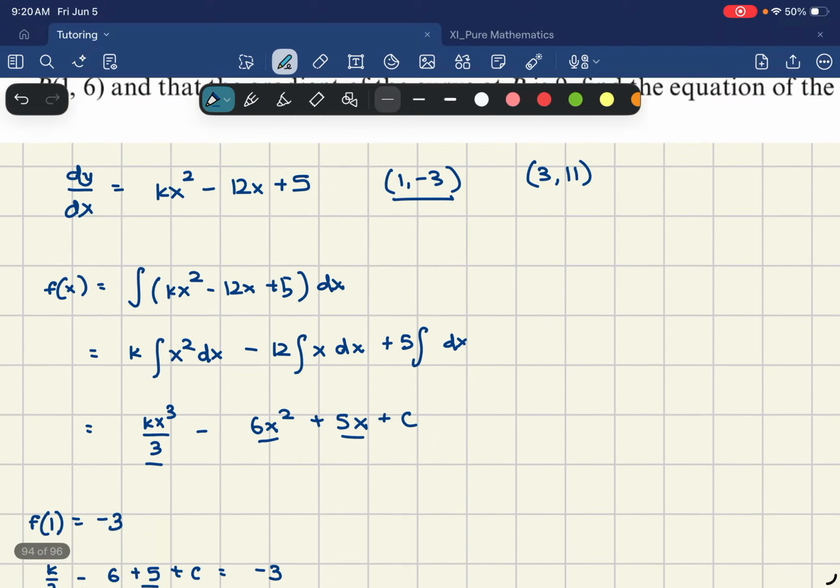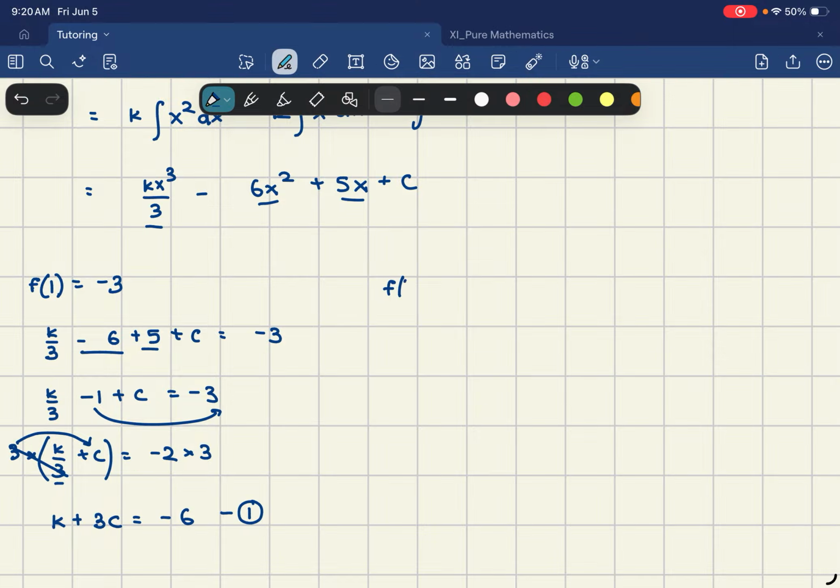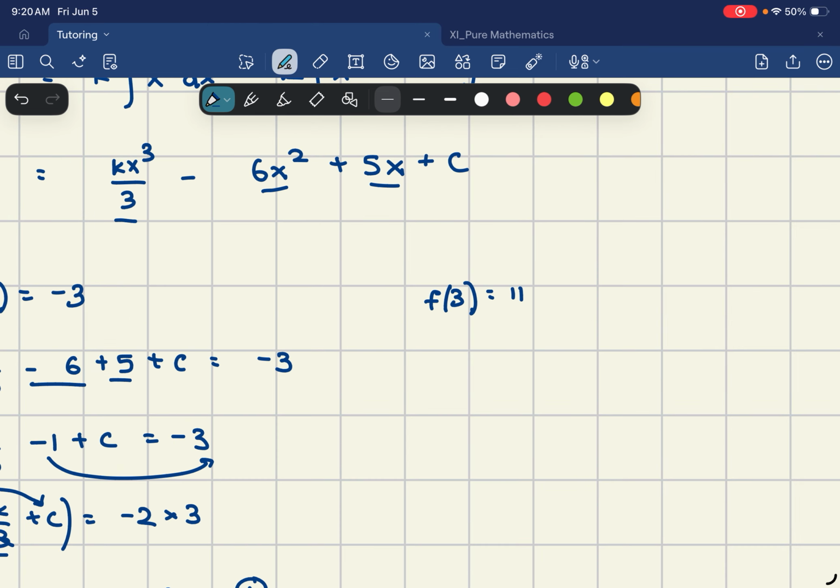And I also have f of 3 is going to be 11. So substitute 3 here. So k times 3 cubed is 27 divided by 3, and 27 divided by 3 times k, that is just 9k, minus 6 times 9, right? 3 squared is 9. So 6 times 9, that is 54.